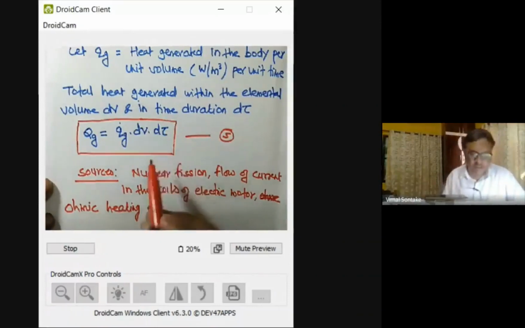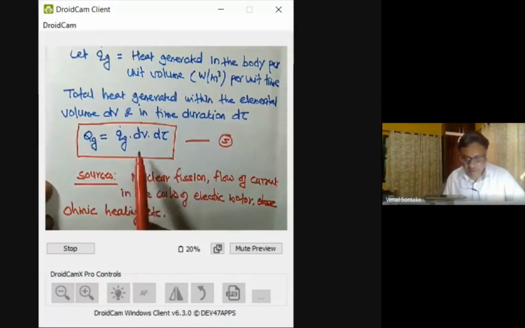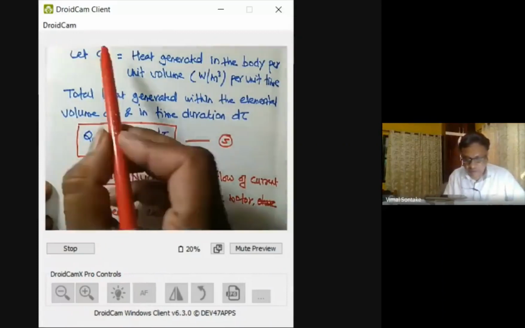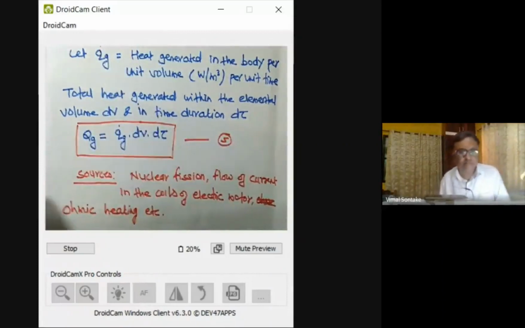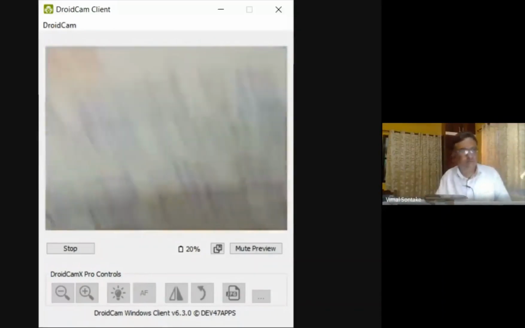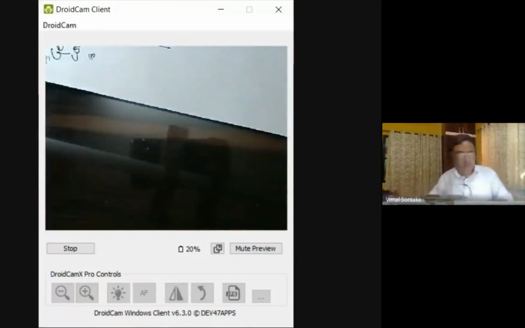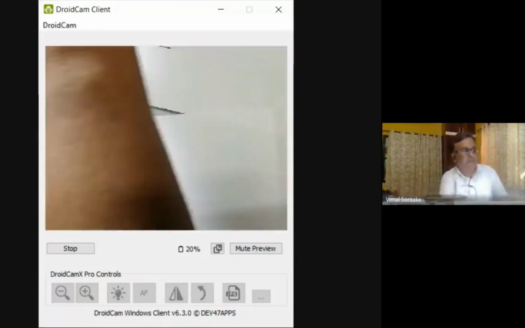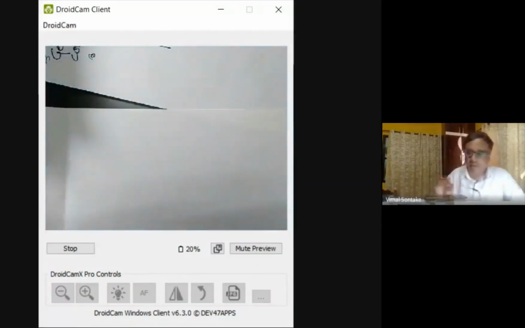So this much amount of heat will be generated within the control volume. So this equation will take into account the effect of heat generation. Okay. Now what is happening in this elemental control volume?